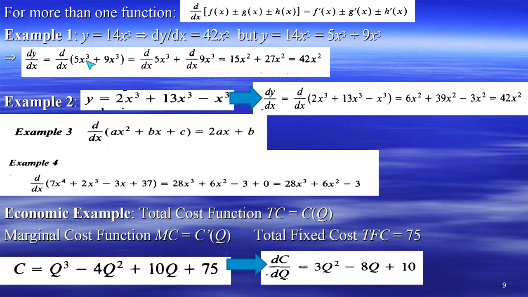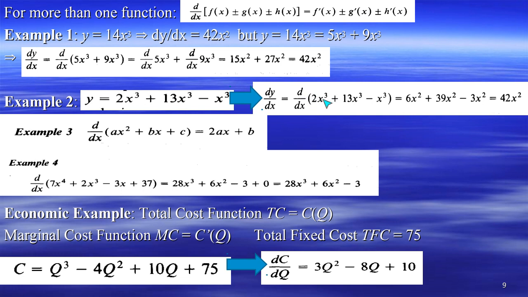Another example, we can divide this 14x to the power 3, as 13 plus 2, 15 minus 1, 14. So if we have y equals 2 times x to the power 3 plus 13 times x to the power 3 minus x to the power 3, you see, which means 13 plus 2, 15 minus 1, 14x to the power 3, the same thing, but given in another expression, separated this way.